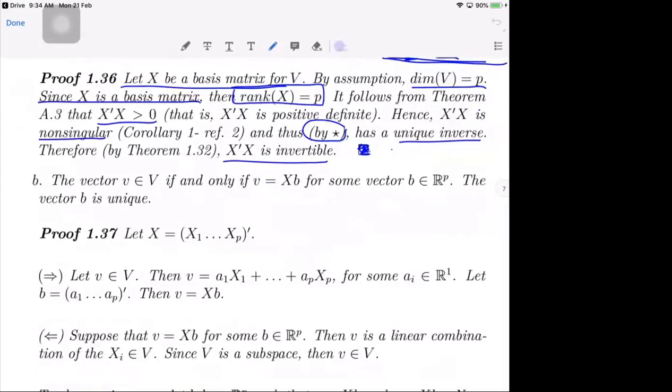Okay? You have an if and only if statement. So how do you prove an if and only if statement? P if and only if Q is usually proven in this manner.